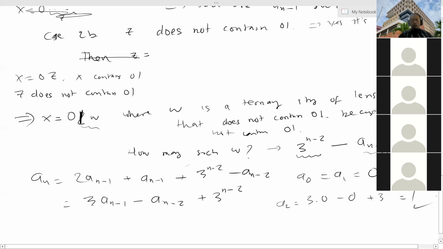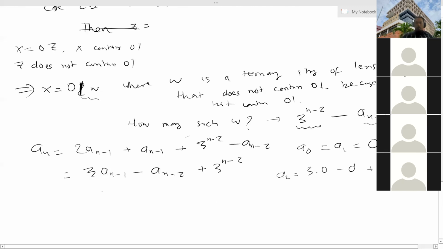Which is correct, right? What about a_3? How many ternary strings of length 3 contain 0, 1? Well, there are 0, 1, 0, or 1, 0, 1, or 2, 0, 1. So only 3 of them, right? Do we have more? I think we do have more.